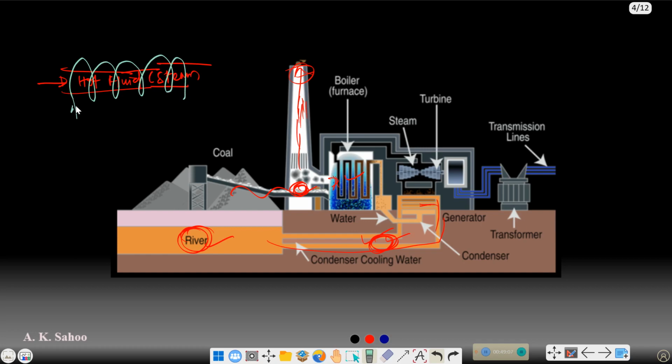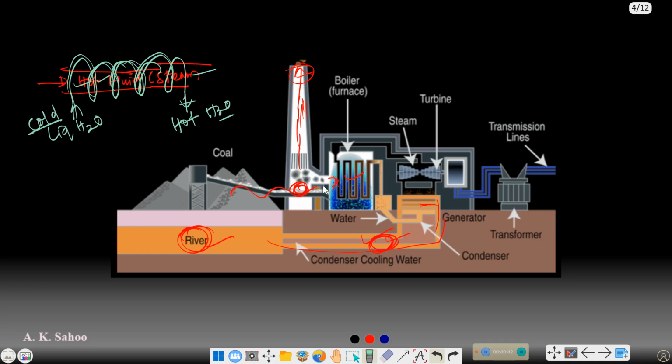At this inlet I am providing cold liquid water, and at this exit I'll be getting hot water, right? Cold water is sent through this pipe and circulated, so it is not mixed with the hot fluid, but due to this it takes heat from the hot fluid. This is how it is condensing the steam into liquid water.